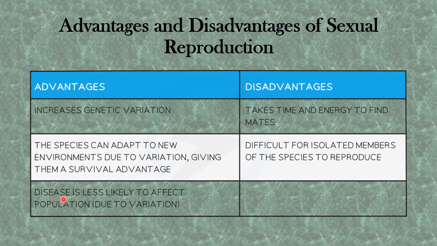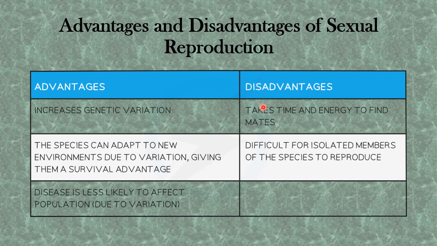And another advantage is that disease is less likely to affect the population because all are not the same. When there is an outbreak of disease in a particular environment, everyone will not respond to it the same way. So the population is less likely to die out because of variation.